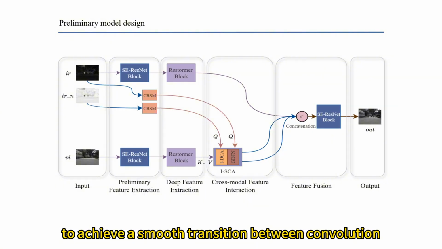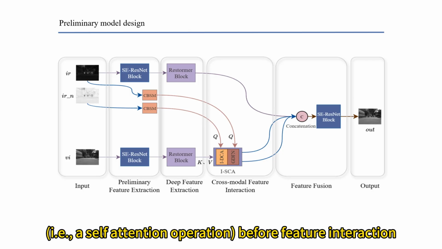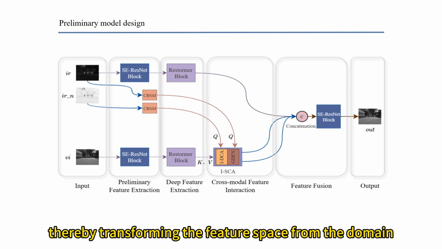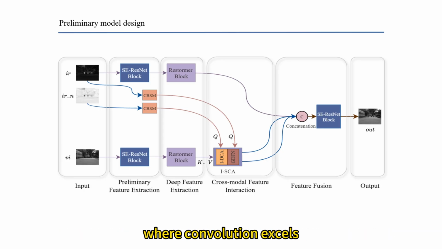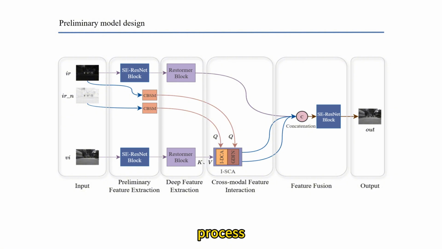To achieve a smooth transition between convolution and attention, we added a Restormer block, i.e., a self-attention operation, before feature interaction, thereby transforming the feature space from the domain where convolution excels to that where attention excels, so as to better complete the cross-modal interaction process.